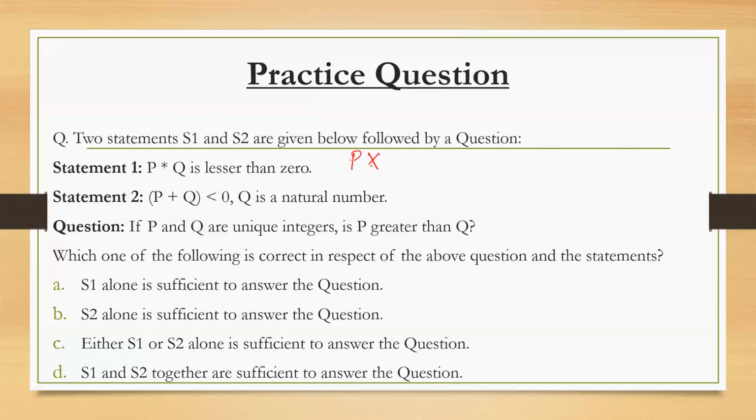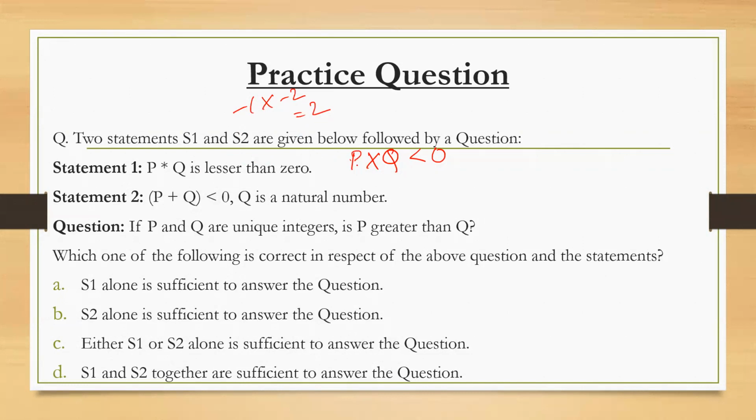So if it is P into Q is less than 0, what can we infer from this statement? Both cannot be negative. If both are negative, then the product will be positive, right? If two negative numbers are there, -1 into -2, that becomes what? 2, positive number, which will be greater than 0.